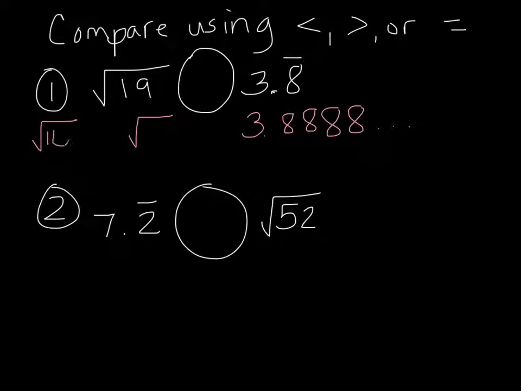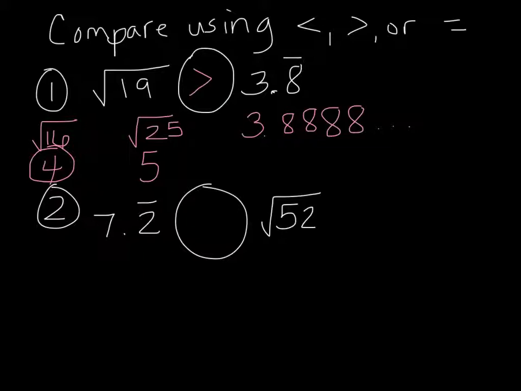Well, I know 16 is a perfect square, and I know that 25 is a perfect square. And I know that the square root of 16 is 4, and the square root of 25 is 5. And 19 is only 3 away from 16, and it's 6 away from 25. So it's actually going to be closer to 4, a little bit more than 4. So I know it's greater than 3 anything. It doesn't really matter. I know it's more than 3.